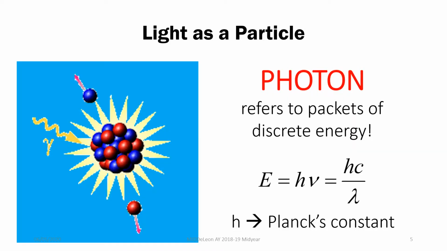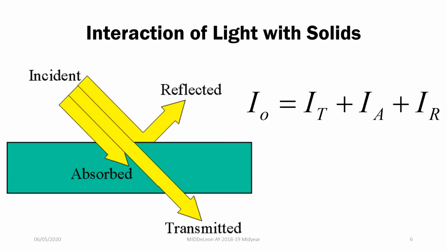We can also treat light as a particle. In this case, we consider the particle called the photon. And this photon is basically one quantum of light, whatever that frequency of light is. So when we have light, when it strikes a solid, there are three different phenomena that can happen. First, it can be reflected by the solid, reflection.